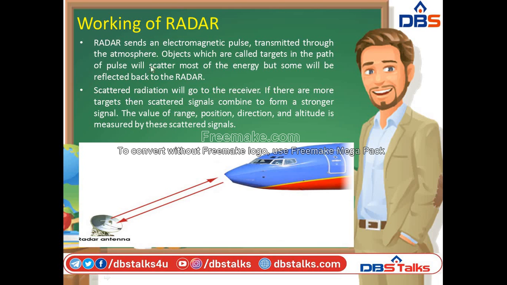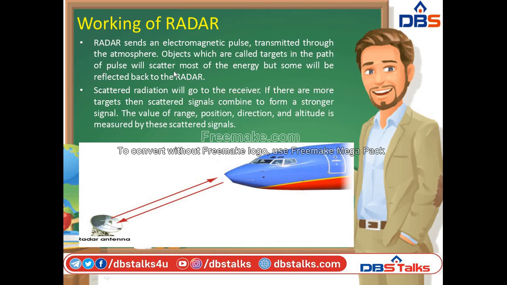So see here, radar sends an electromagnetic pulse transmitted through the atmosphere. Objects that are called targets in the path of the pulse will scatter most of the energy, but some will be reflected back to the radar. That means whenever we are sending a signal, it will be transmitted through the atmospheric medium.